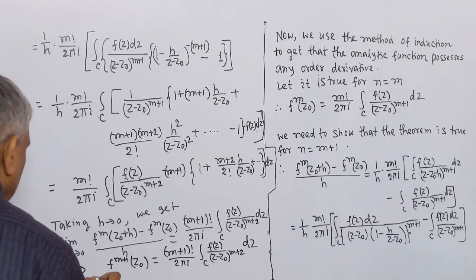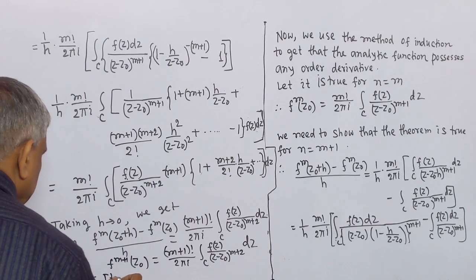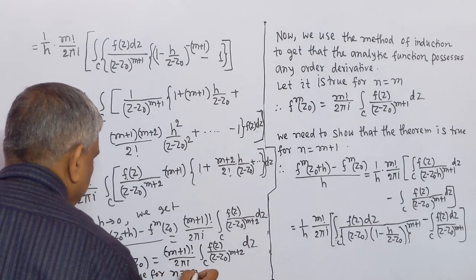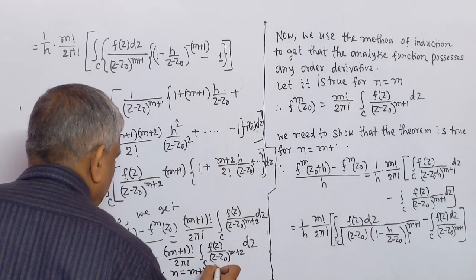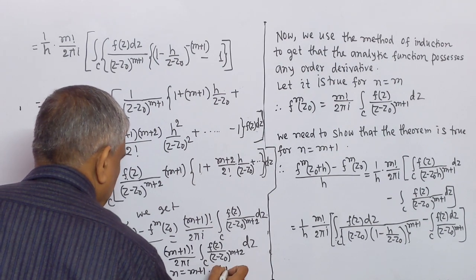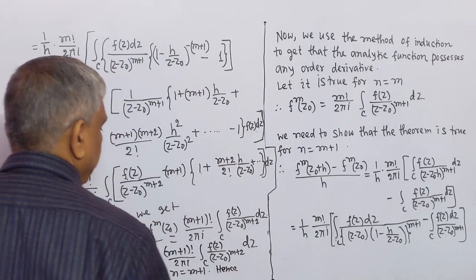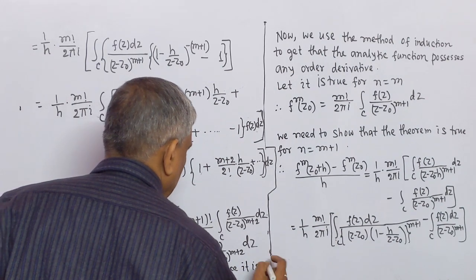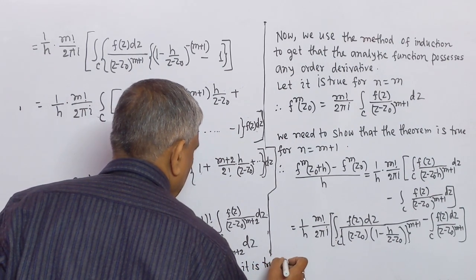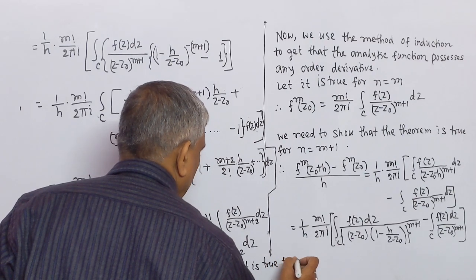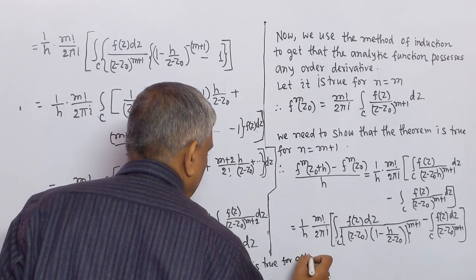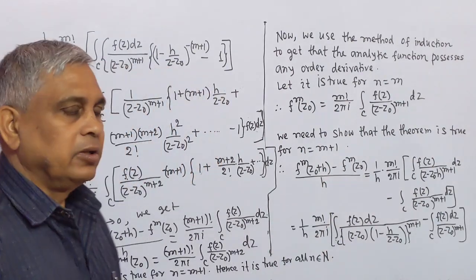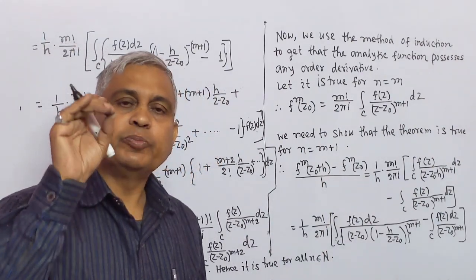Therefore it is true for n equal to m plus 1. Hence it is true for all n belonging to capital N, the set of natural numbers. Therefore the theorem is proved.